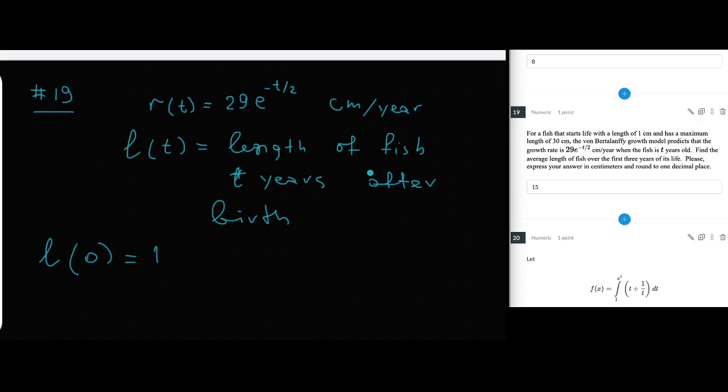And the question is, what is the average length of fish over the first 3 years of its life? So first of all, let's determine a function that's going to give us the length of fish t years after birth. In other words, let's determine what L of t is.